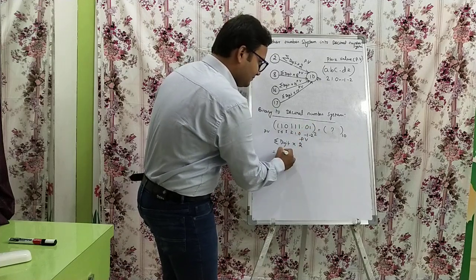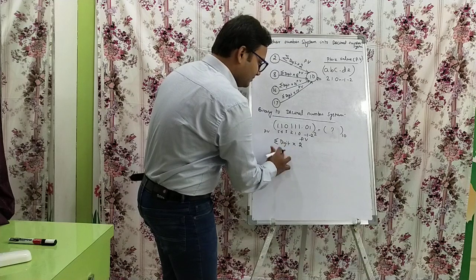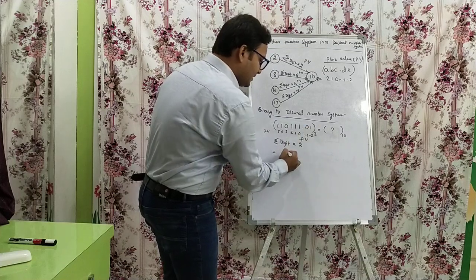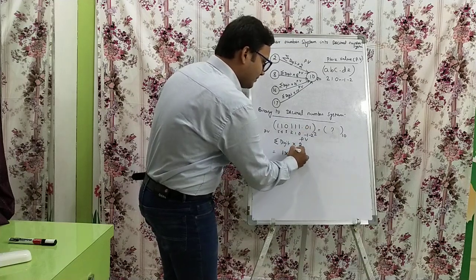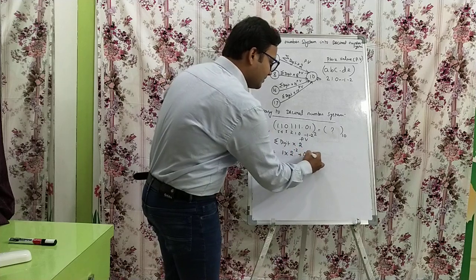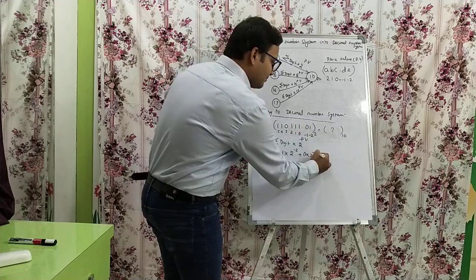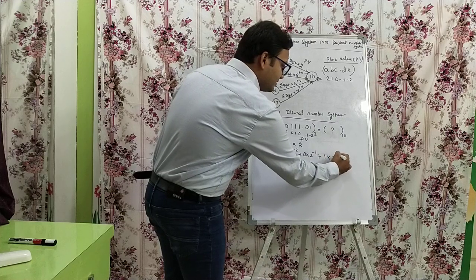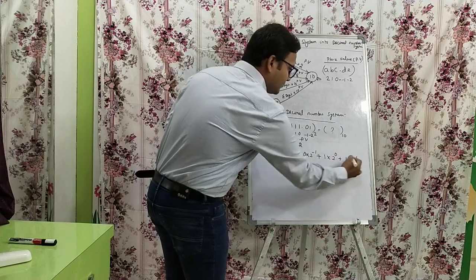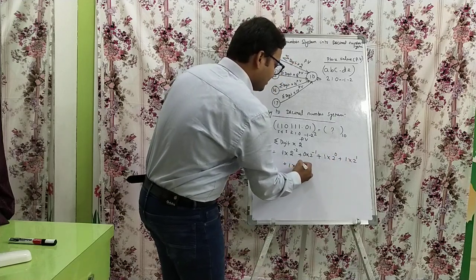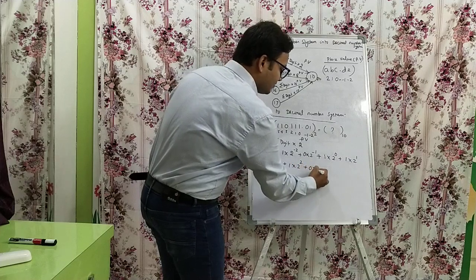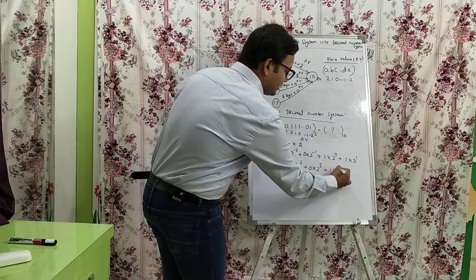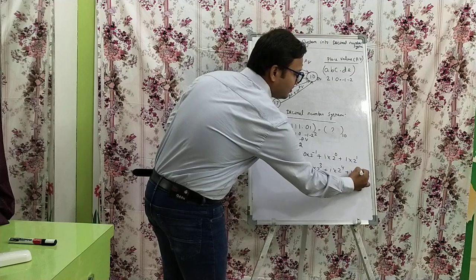1 multiplied with 2 to the power minus 2, plus 0 multiplied with 2 to the minus 1, plus 1 multiplied with 2 to the 0, plus 1 multiplied with 2 to the 1, plus 1 multiplied with 2 to the 2, plus 0 multiplied with 2 to the 3, plus 1 multiplied with 2 to the 4, plus 1 multiplied with 2 to the 5.